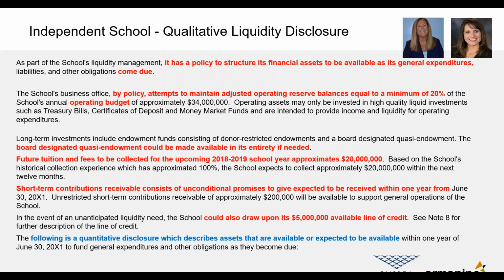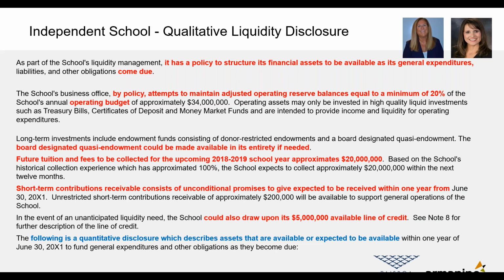We talk about the school's business office by policy attempts to maintain adjusted operating reserve balances equal to a minimum of 20% of the school's annual operating budget. We talk about our long-term investments. We say our long-term investments include endowment funds consisting of donor-restricted endowments and board-designated quasi-endowments. And then we say the board-designated quasi-endowments could be made available in its entirety if needed.